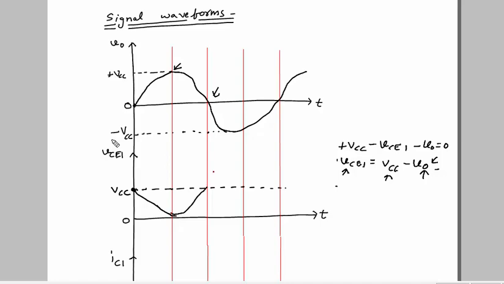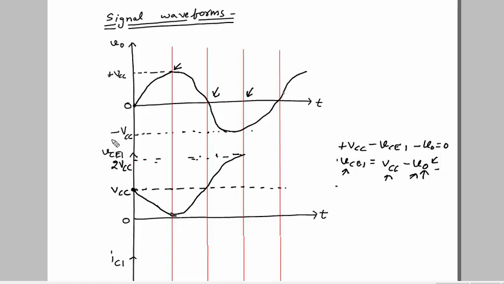Now the main important point: at this point, V naught is minus VCC. So if you put minus VCC in this equation, we will get VCE1 equals 2 VCC. So it will reach like this, where this value is 2 VCC.